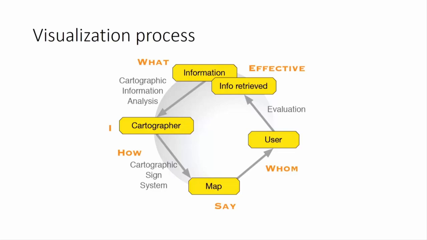We have to look at whether the information is effectively extracted by the end user. That is the information retrieval, how effective that is. If your information is highly effective, then you can say your representation is a good one. If your representation is not a good one, then you have to reevaluate.